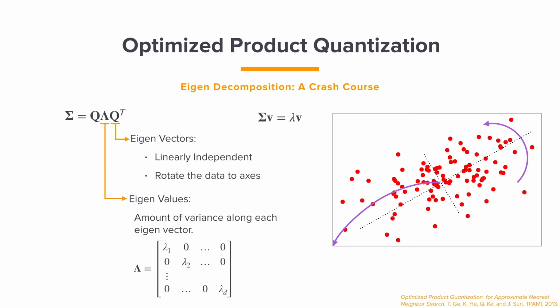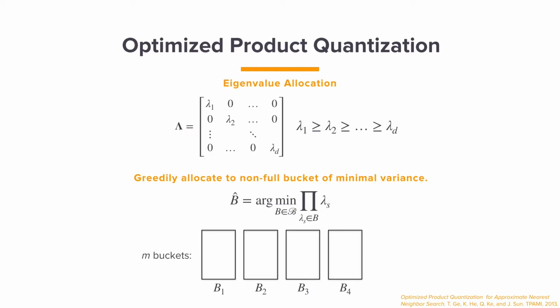Makes sense. And the eigenvectors can be used to rotate that data. So they showed in the paper that the rotation by the eigenvectors indeed gives you the linear independence that you need. And then they said, hey, we have these eigenvalues. Let's figure out how to spread them apart such that each dimension has roughly equal variance.